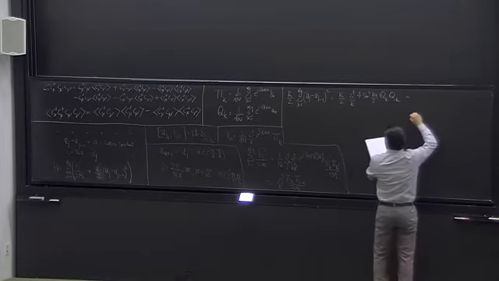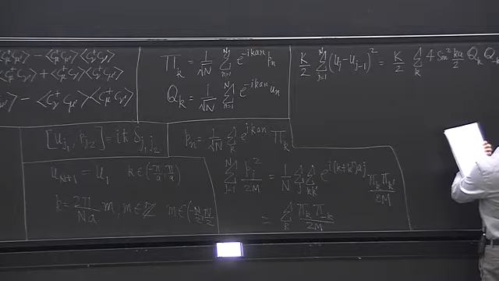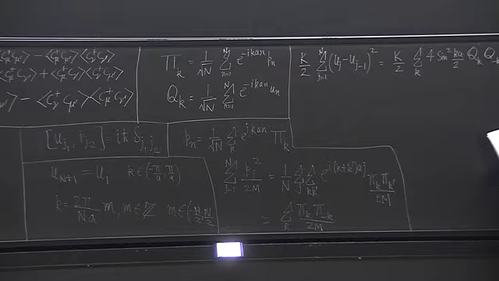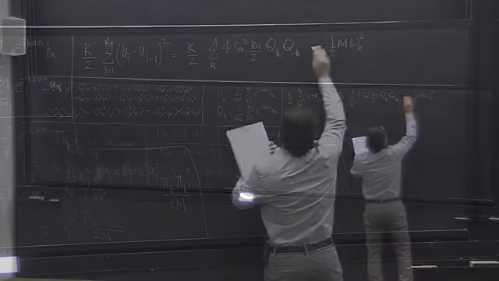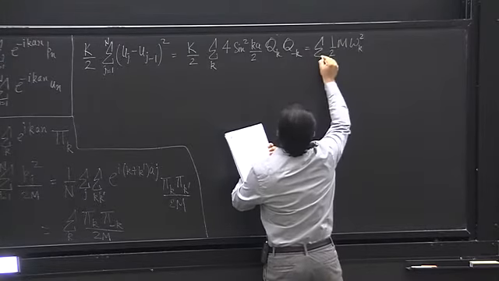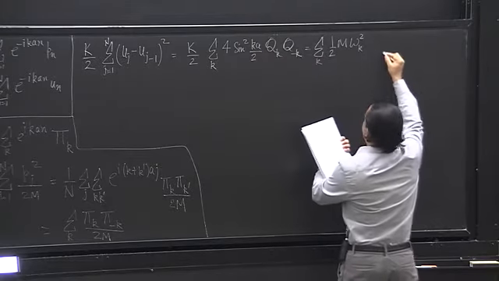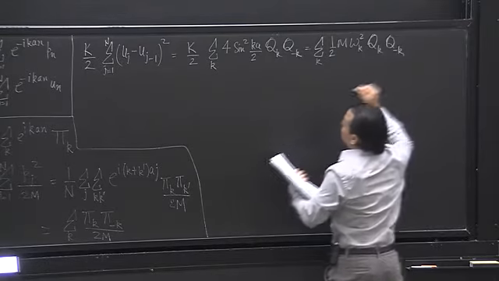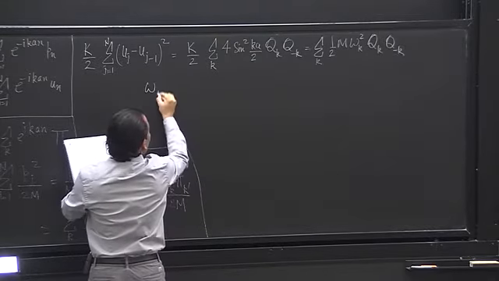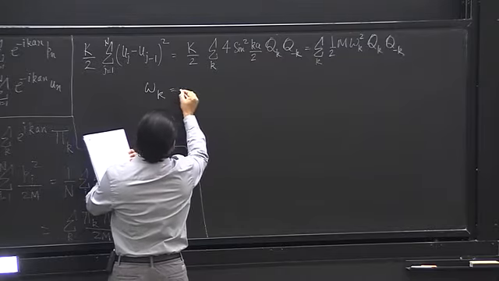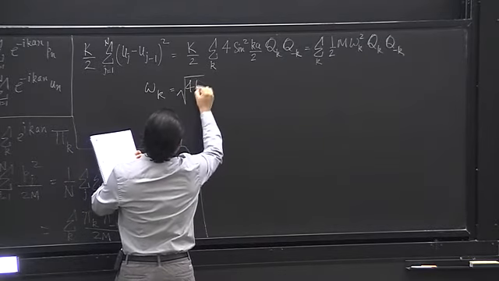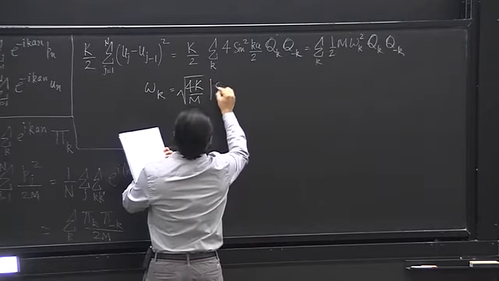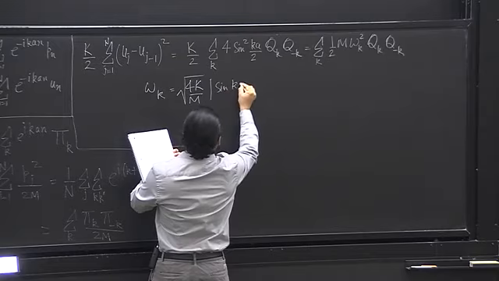This, I will write as half m omega_k squared, where I will use that omega_k is square root of 4K over m, mod sine ka by 2.